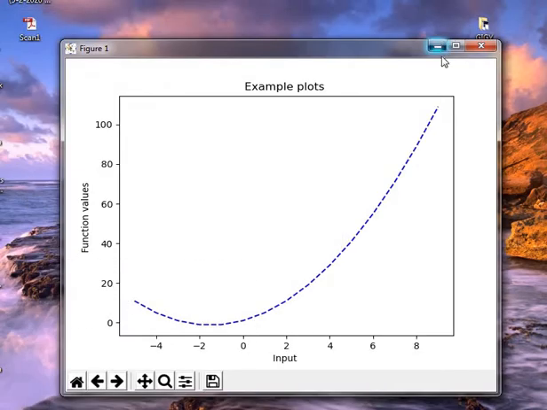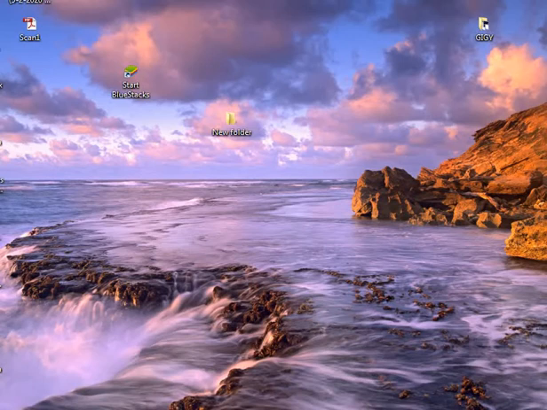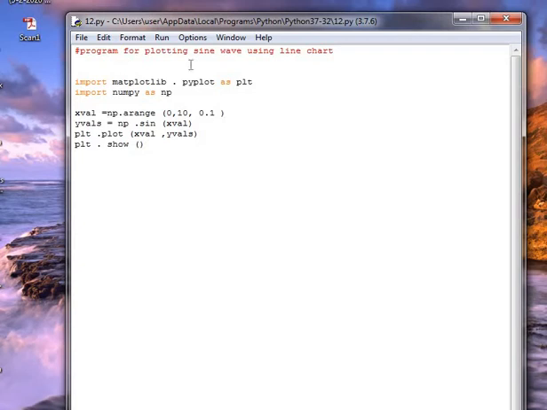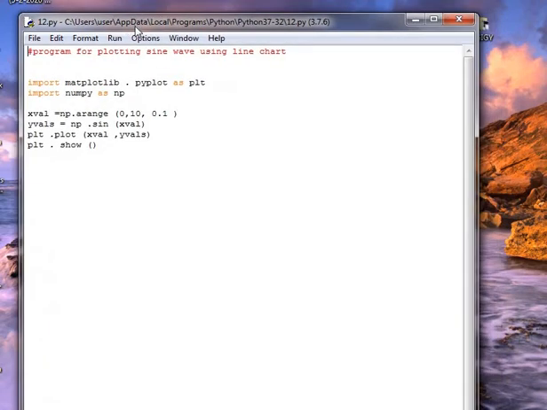Next our program, it is a very simple one. Program for plotting a sine wave using a line chart. Okay, so in a sine wave, y equals sin x in that form. So that may be a smooth wave that oscillates above and below 0. Sine waves go through the origin.